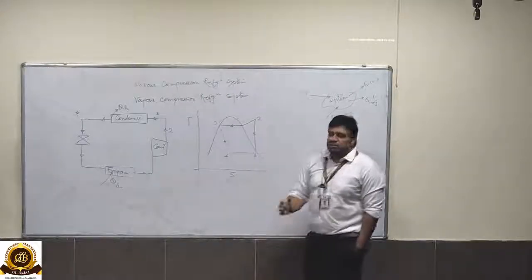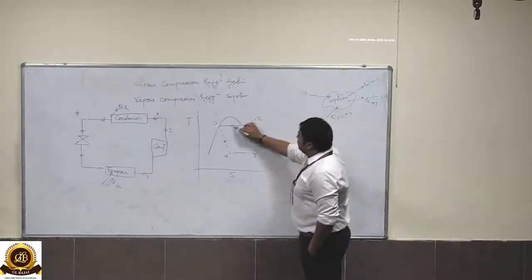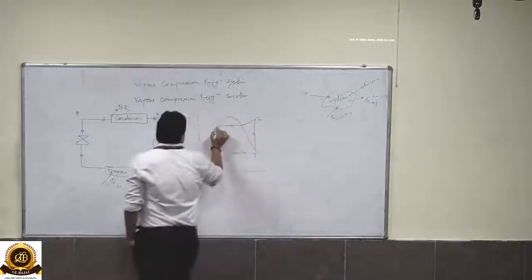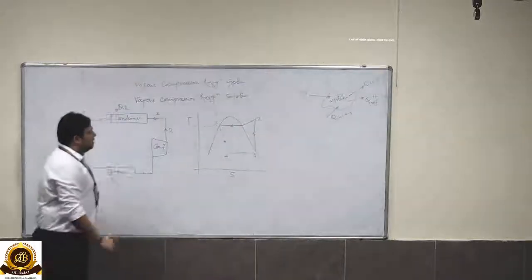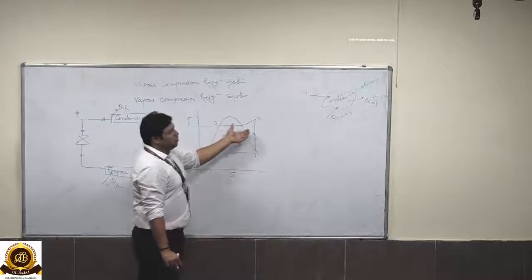The compression process remains the same as in the case of the reverse Carnot cycle, while process 2 to 3, in that case, was a constant temperature heat rejection process, while in this case, in the vapor compression refrigeration system, the process of heat rejection, that is 2 to 3, which takes place in the condenser, then isenthalpic expansion.